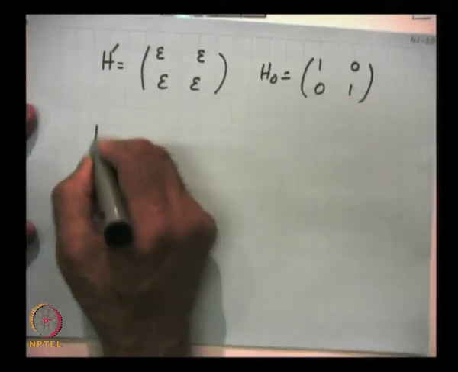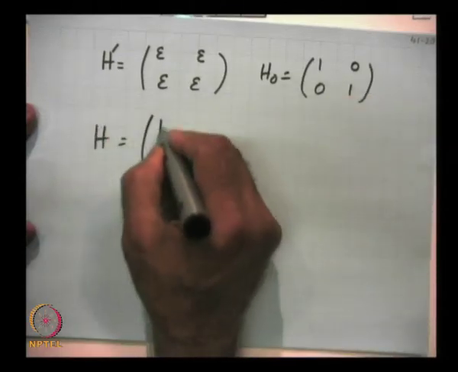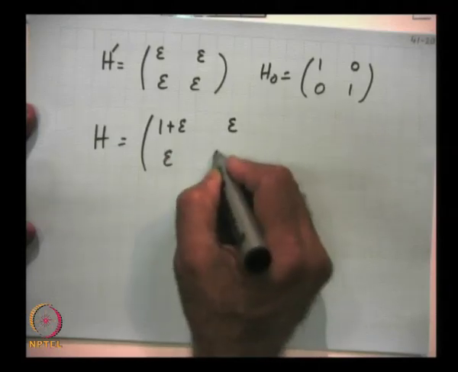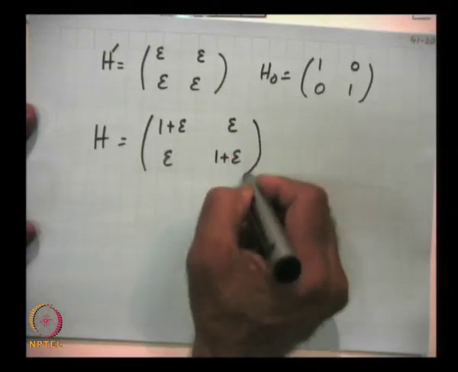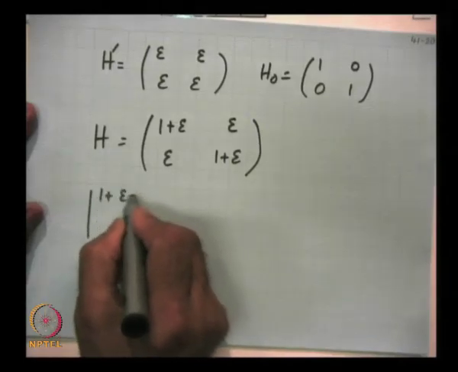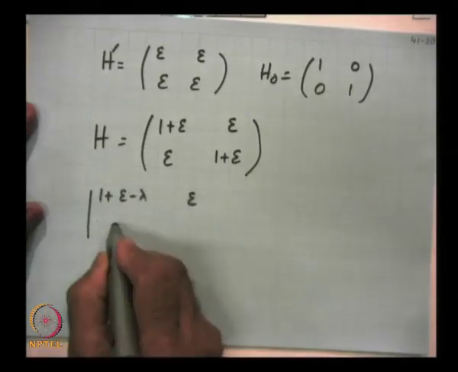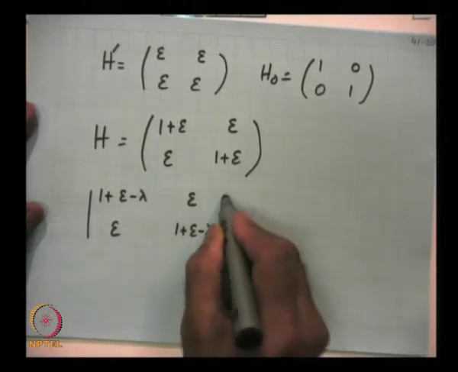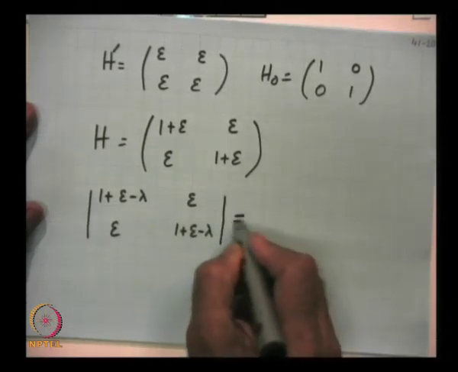So, the total matrix was equal to 1 plus epsilon epsilon epsilon 1 plus epsilon, and therefore, the eigenvalues are obtained by the determinant of 1 plus epsilon minus lambda epsilon epsilon 1 plus epsilon minus lambda being equal to 0.